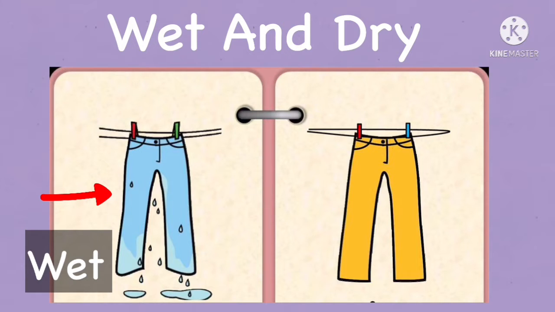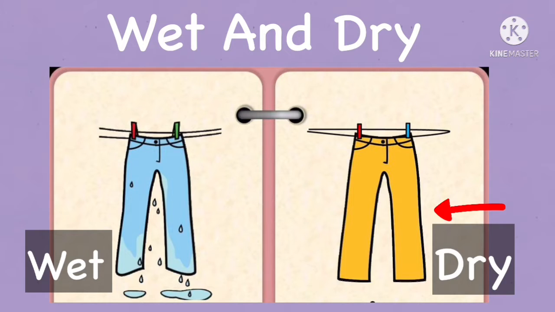Therefore, it is wet. Now, what about the yellow pants? Do you think that it's dry? Yes. Why? Because there is no water dripping down from it. Therefore, it is dry. Correct. Very well observed.